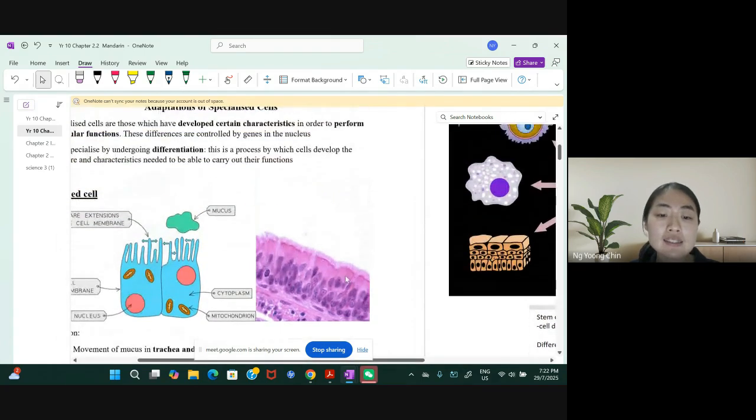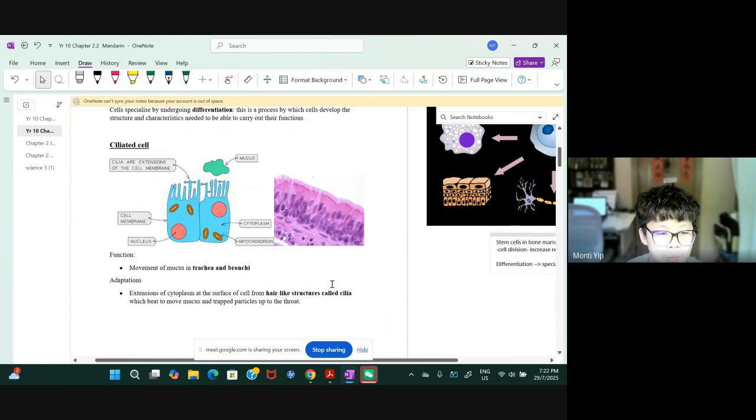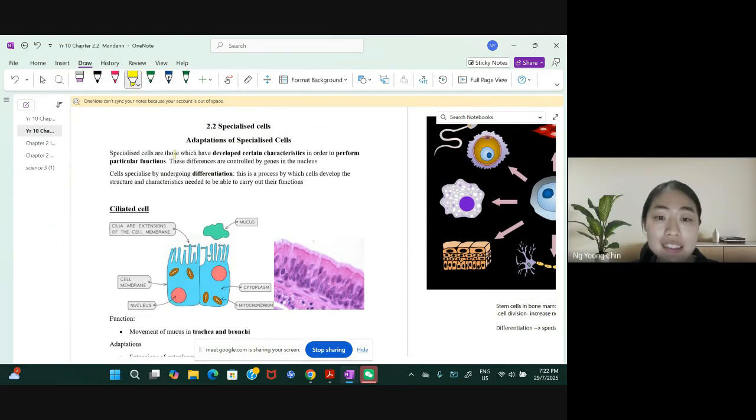Specialized cell means that the cell is able to carry out specific functions. Through differentiation, they develop their own specific characteristics.